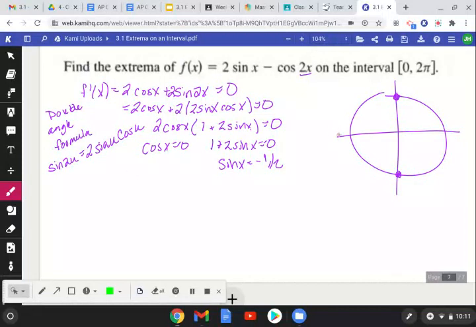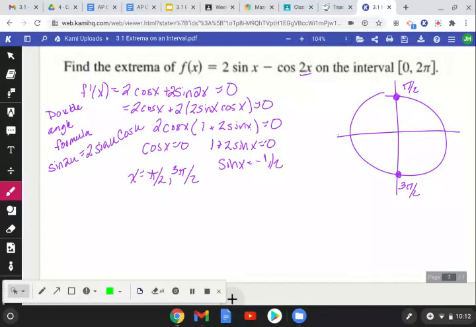So in this one, x is equal to pi over 2, or 3 pi over 2. And if you struggle with your unit circle, you probably need to take it back to our chapter P and pre-calculus and review some of those things. So that one's done. So those are the critical values there.